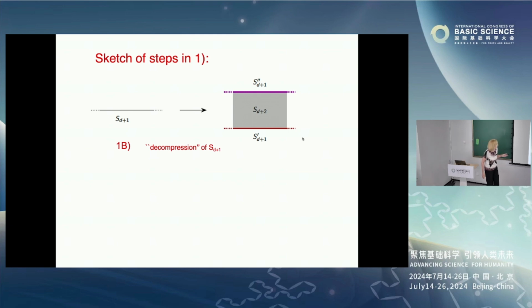sketch this. So we are starting with a symmetry theory in D+1 dimension, okay? And we now decompress it to study its further symmetry structure into a symmetry theory in one dimension higher. So that's without boundary conditions.